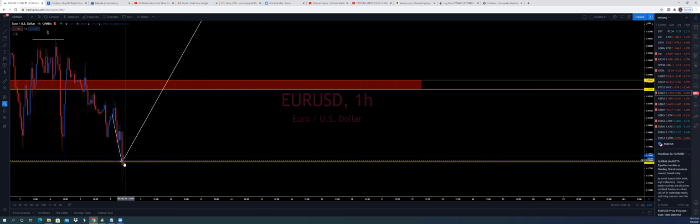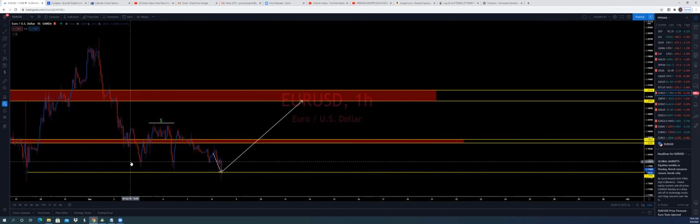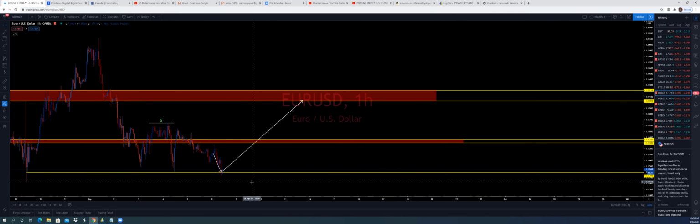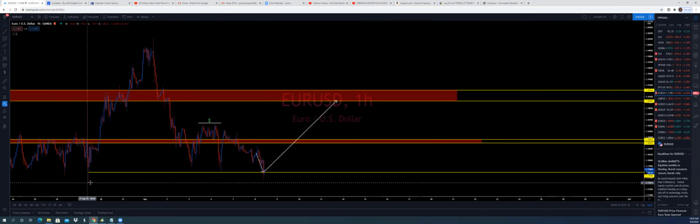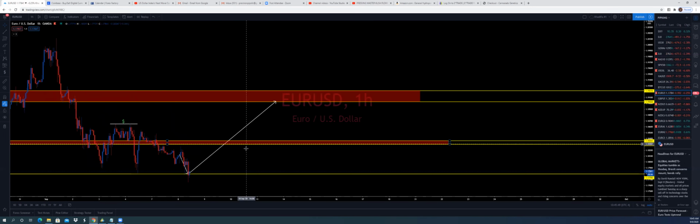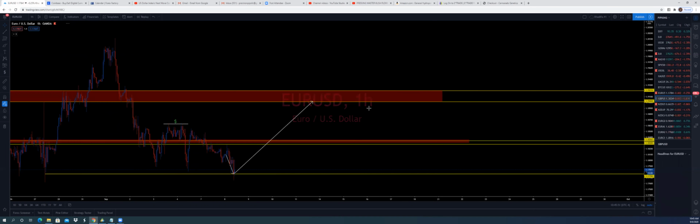So we'll have to see how this hour closes in the next few hours to see if price is going to respect this level, which is now acting as a support, or if price is going to come down and try to retest this low and take out this low. So that's what we'll be monitoring for Euro USD.